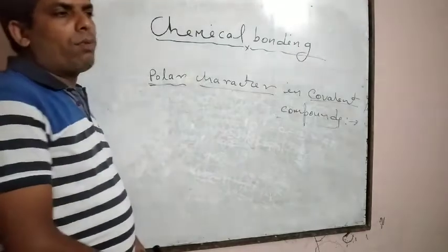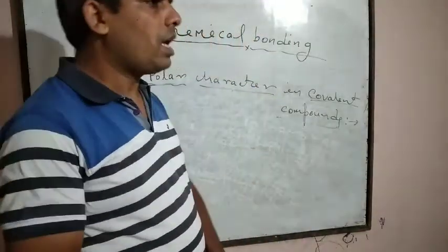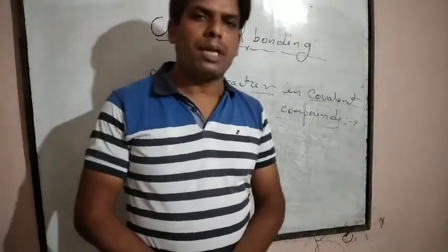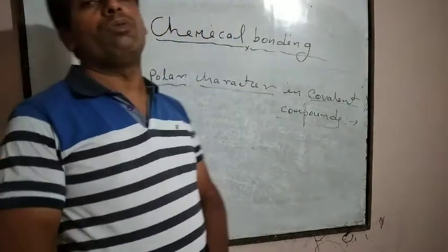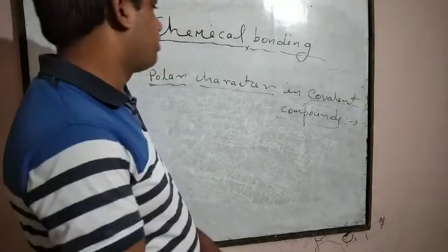We know that covalent compounds are formed due to sharing of electrons, and if the difference of electronegativity between two atoms is 0, then they are capable of forming a covalent compound.